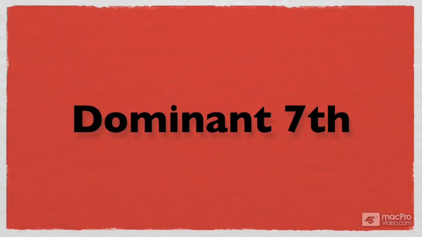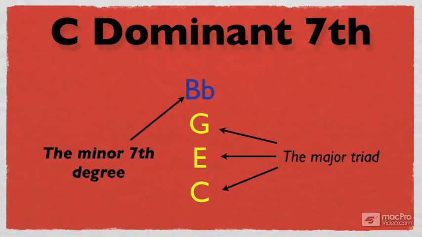Now, for the dominant seventh chord, we go back to the major triad, but this time adding the flatted seventh. A C dominant seventh chord would consist of C, E, G, and B flat.